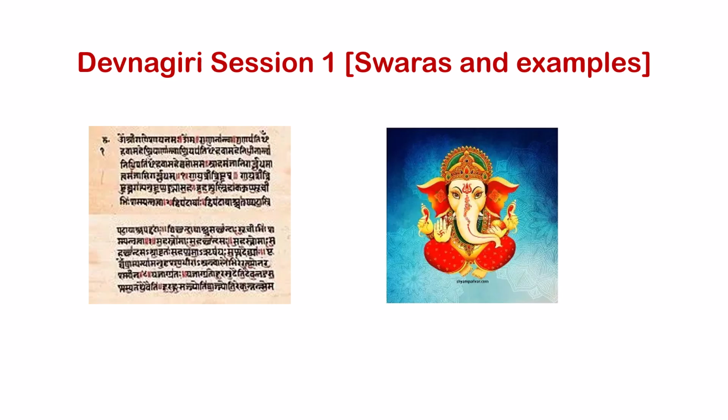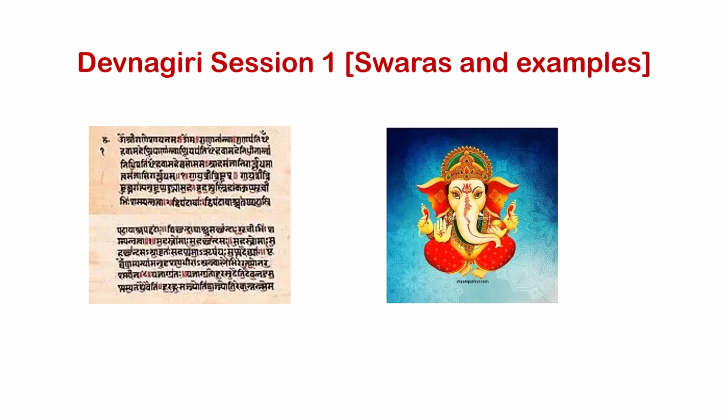Here the pronunciation changes. It's not actually A, U, so it becomes O. A, U and Ma together is Om. When we learn the mixture of aksharas later, at that time it will be more clear. Okay.